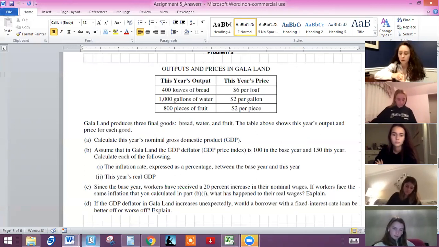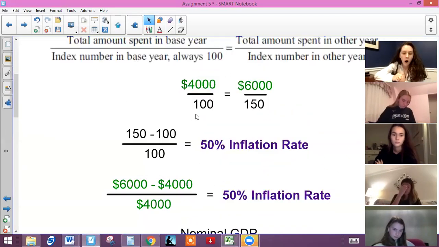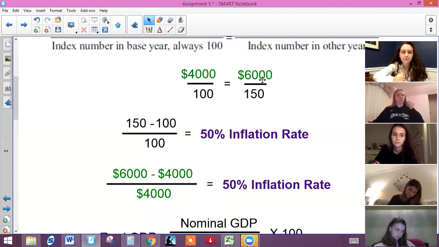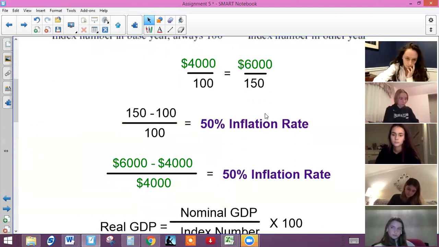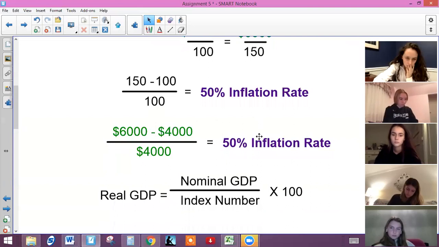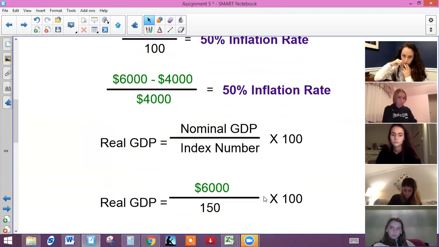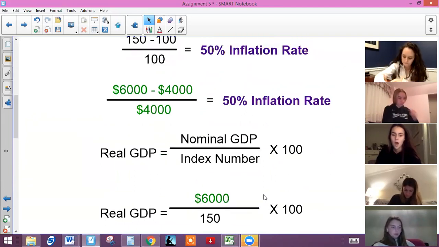So you can use either one of these, either the actual dollar amount of the GDP or the deflator, to figure out that the rate of inflation is 50%.